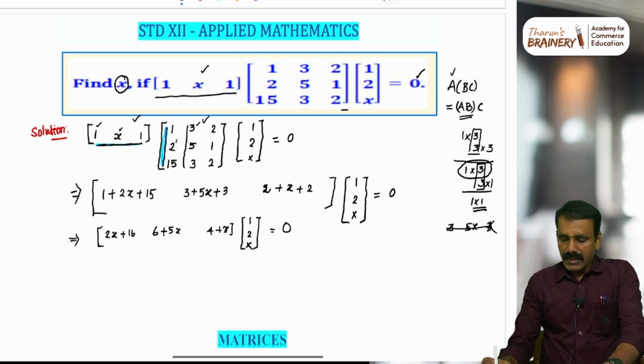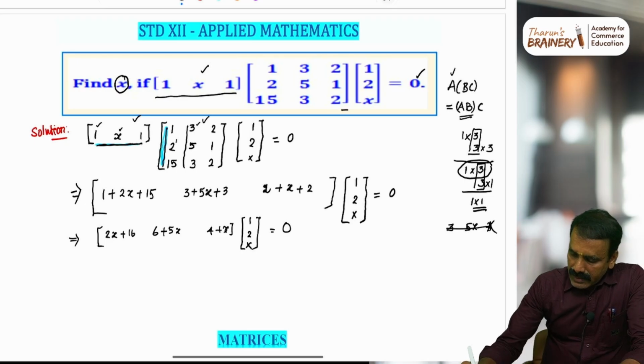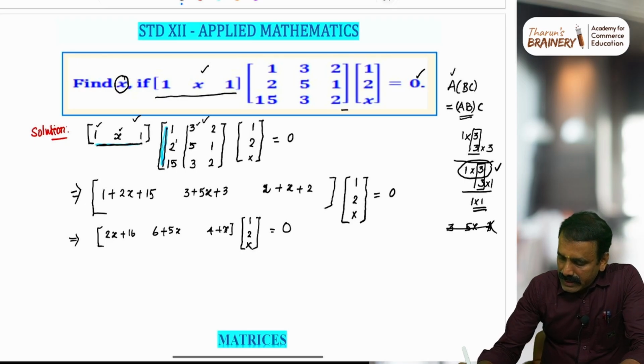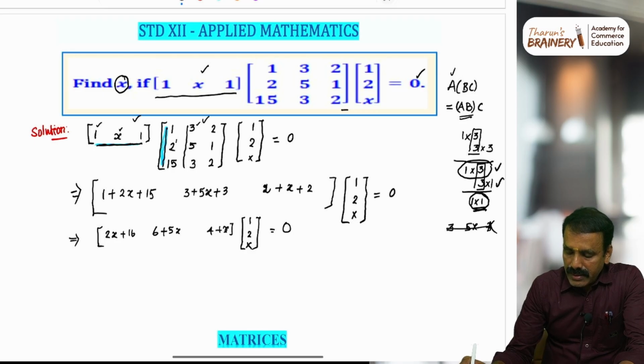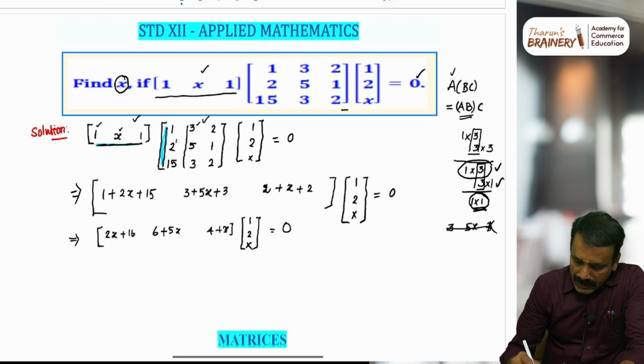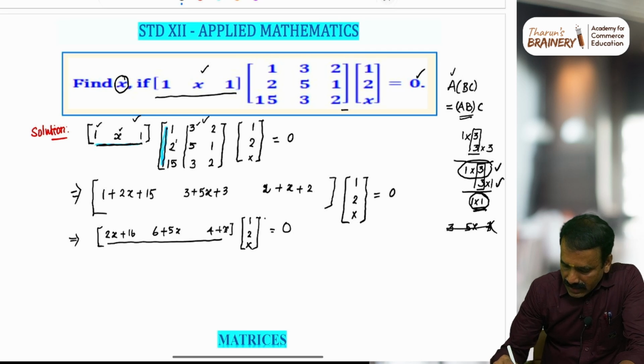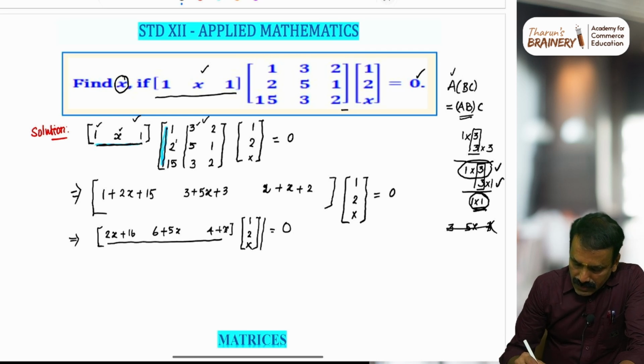Is it clear? Now we have a 1 row, 3 column matrix multiplied with a 3 row, 1 column matrix. So the resultant matrix is going to be a single element, the first row and first column element. How to multiply again? The row elements should be multiplied with column elements. So the first element is multiplied with the first element. So what are we going to get?